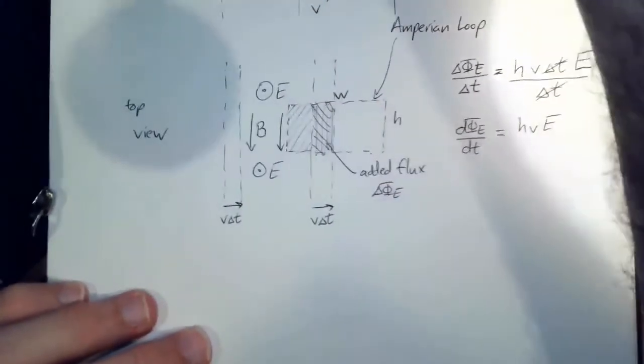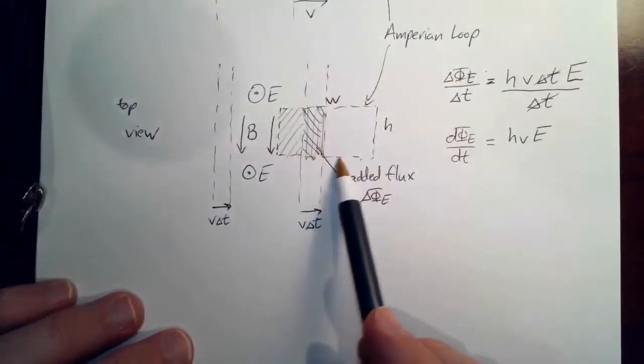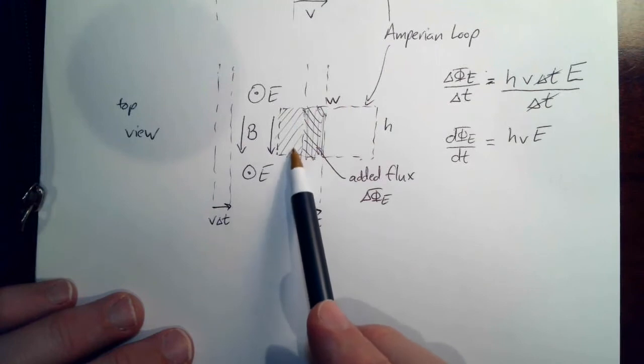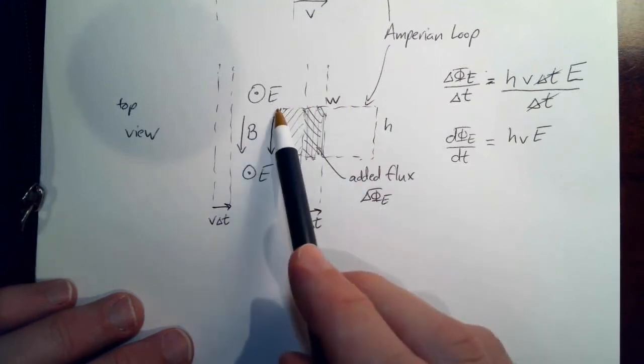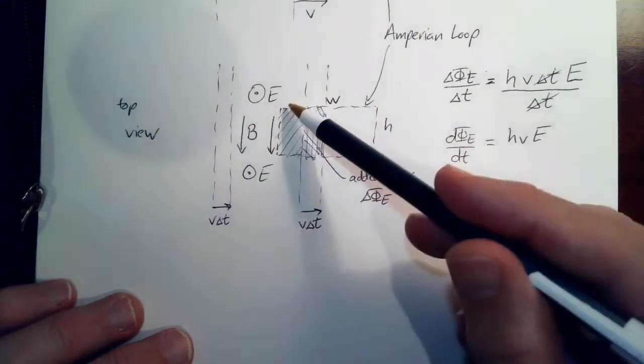And the analysis, the integral, is very similar as before. As I integrate around this loop, the contribution here is 0 because it's perpendicular to B. B is 0. So the contribution of all three of these sides is 0.